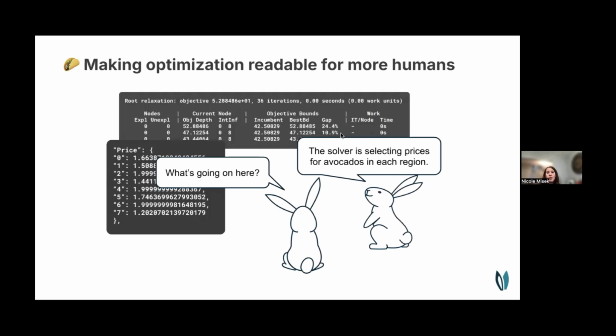So what we want to do here is make optimization more readable for humans. There certainly is a time and a place for the raw solver output that comes out of an optimization model. The decision modelers really care about that and want to view that result. So we're not saying do away with solver output.